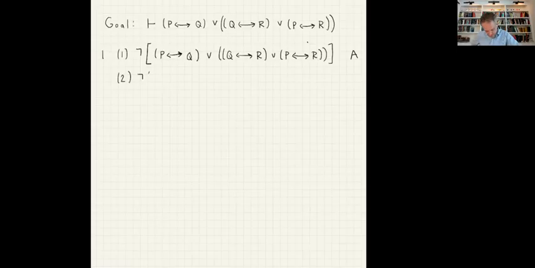So not P if and only if Q, and not, and then this whole second thing, Q if and only if R, or P if and only if R. Okay, so how do I do that? De Morgan's is from one sentence, you get another sentence. What that means is, in this case, if I have that first sentence on one line, I can write the derived sentence on the next line.